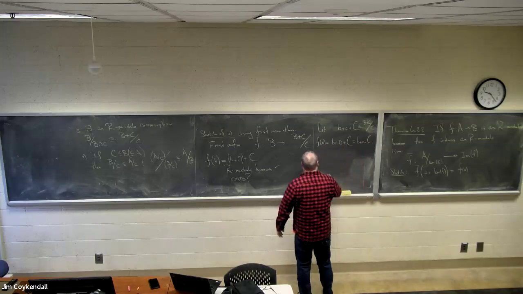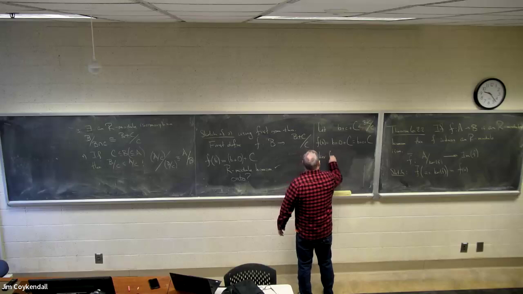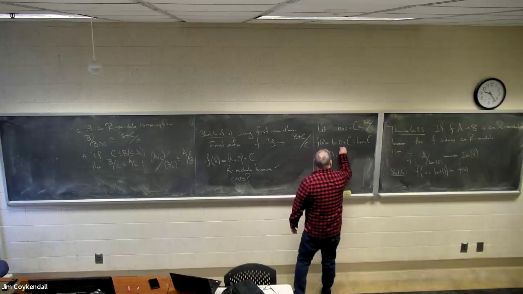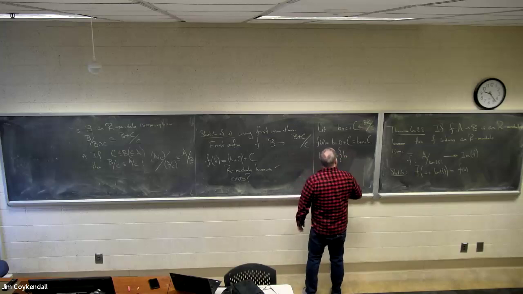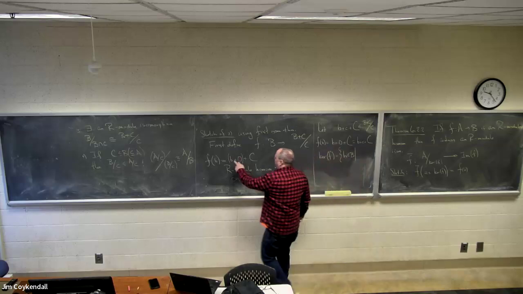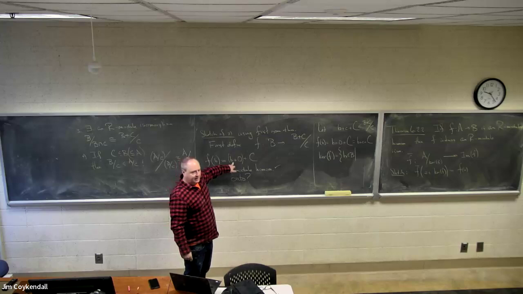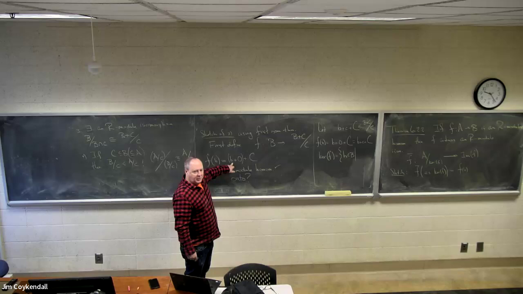And finally, what's the kernel of F? This is the set of B in B. What does it mean for this element to be the 0 element, B plus C mod C? If this is equivalent to the 0 element, what must be true of B?